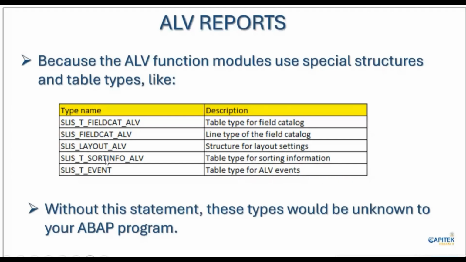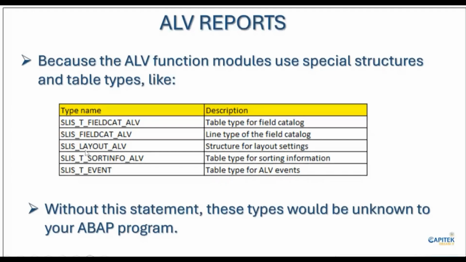Similarly for the layout, you can see SLIS_LAYOUT_ALV, and for the sorting, SLIS_T_SORTINFO_ALV. For events, SLIS_T_EVENT. So if I have to populate the events in my ALV, I have to use this type in my program. If I have to use sorting in my ALV, I need to declare SLIS_T_SORTINFO_ALV in my program.